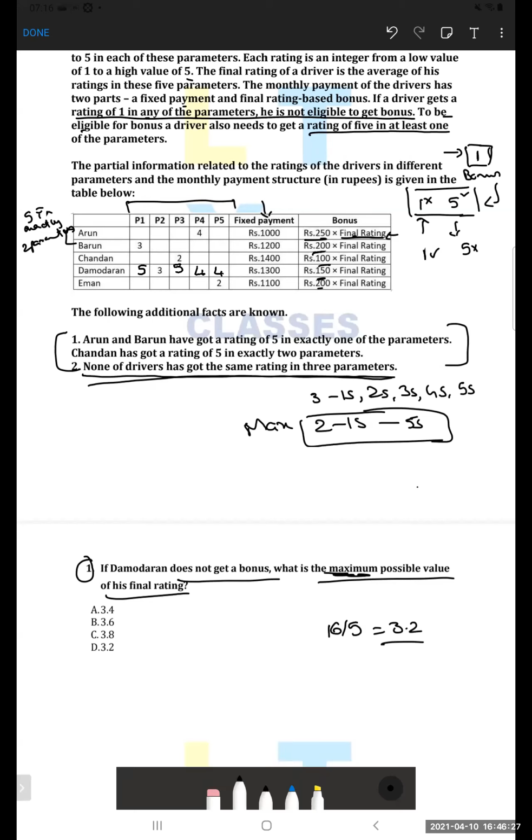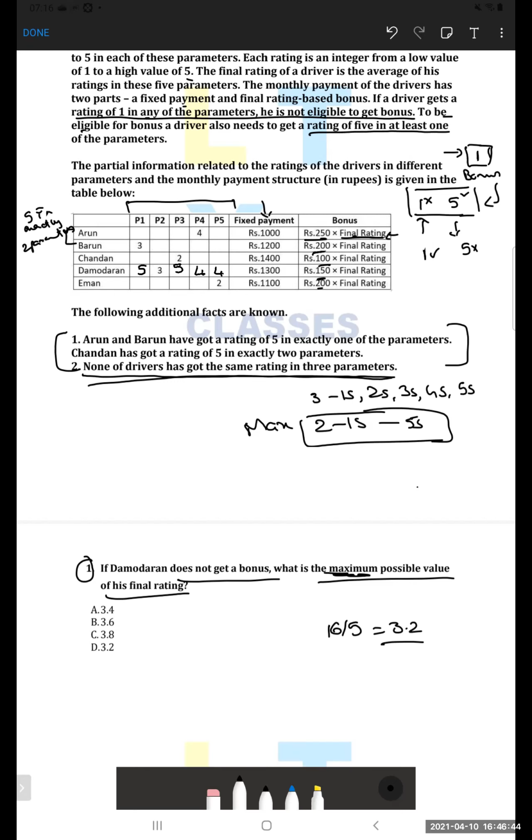Yes. How is he eligible for bonus? Because he doesn't have a rating of 1, and he has a rating of 5.